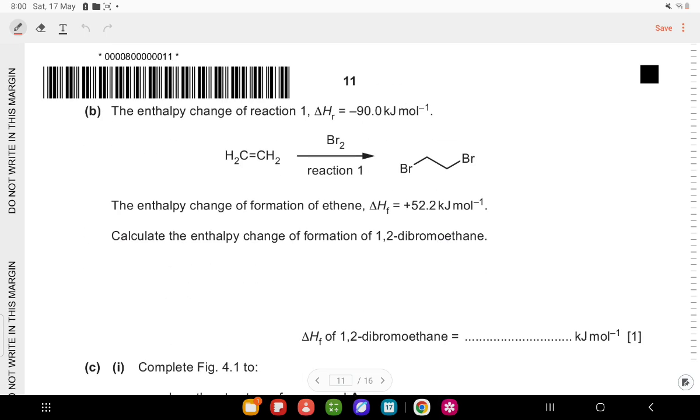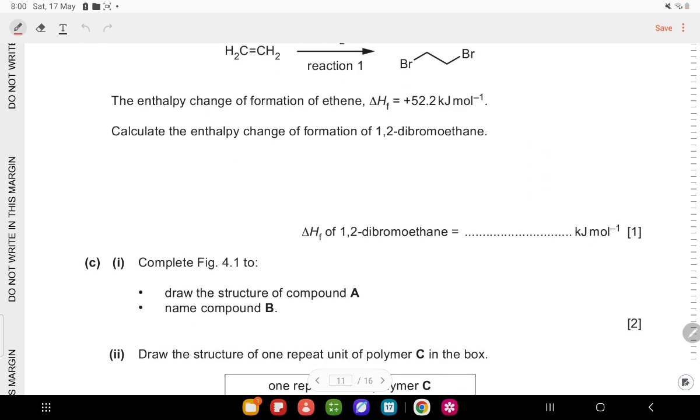The enthalpy change of reaction, delta H R, is minus 90 kilojoules per mole. The enthalpy change of formation of ethene, delta H F, is this. Calculate the enthalpy change of formation of 1,2-dibromoethane.